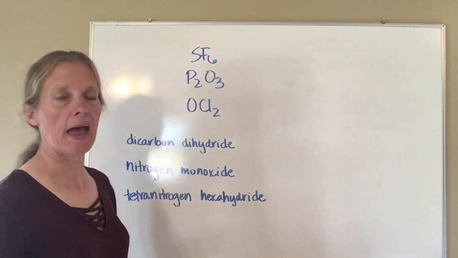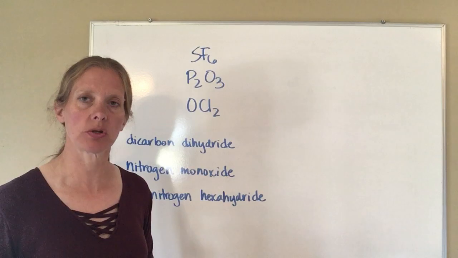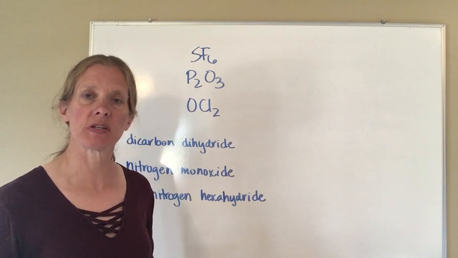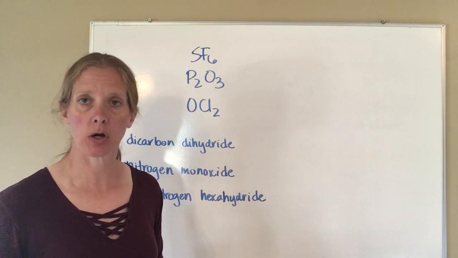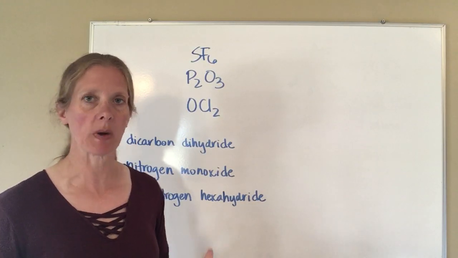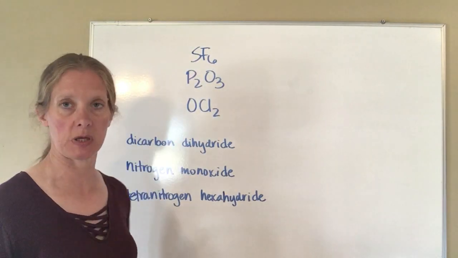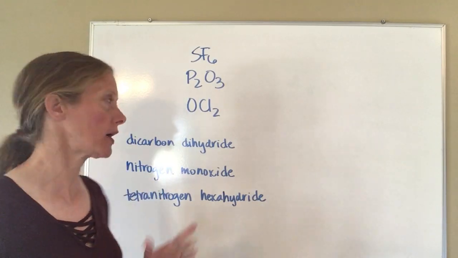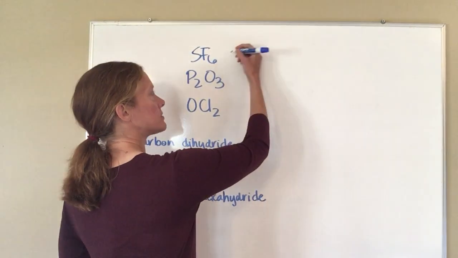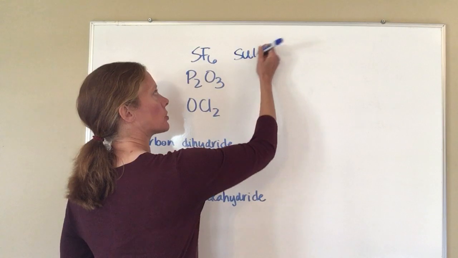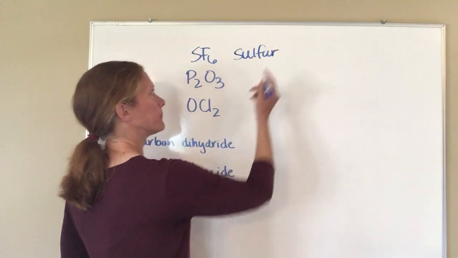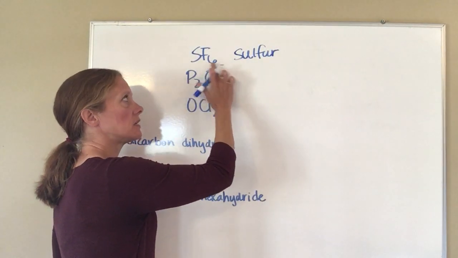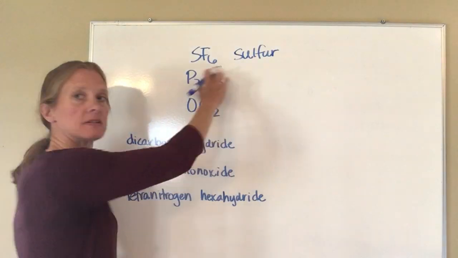If I only have 1 of a certain element, you will notice in the table that mono is the prefix that is used. However, if that is the first element in the compound, I don't have to put the mono prefix on it. So this particular compound is called sulfur fluoride. The fluoride has 6 of them.